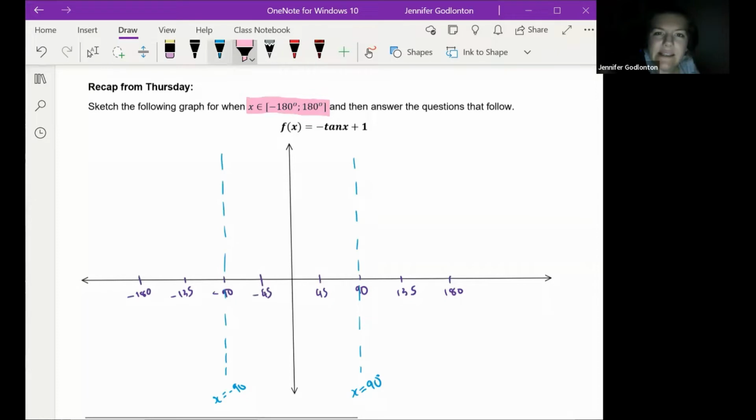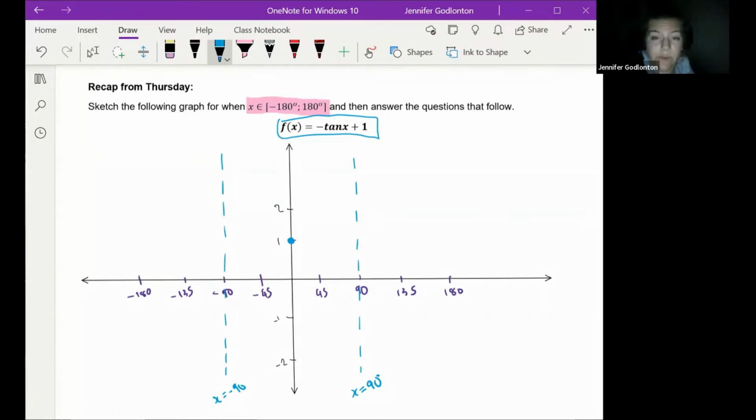Next thing we want to do is figure out what these different values are going to be. All right. And so what we should have found is this, let me put some values in over here. We're going to have 1, 2, negative 1, negative 2. Okay, so what we should have found is that at 0 degrees, our coordinate was at 1.